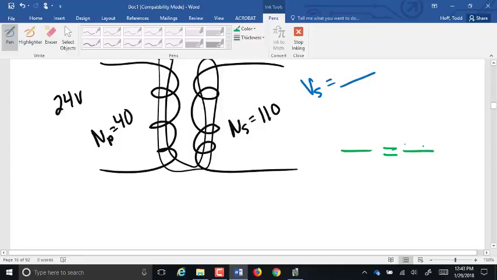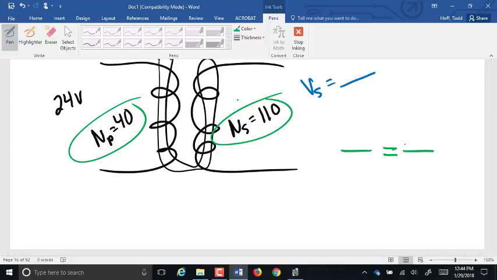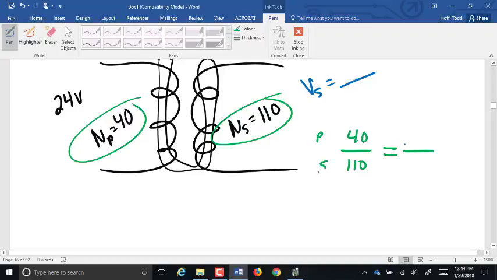So we decide which one do we know both for, the turns or for the voltage? The turns. Doesn't matter which one goes on top. I can put the 40 on top and the 110 on bottom. I just have to know that the 40 is the primary and the 110 is the secondary.